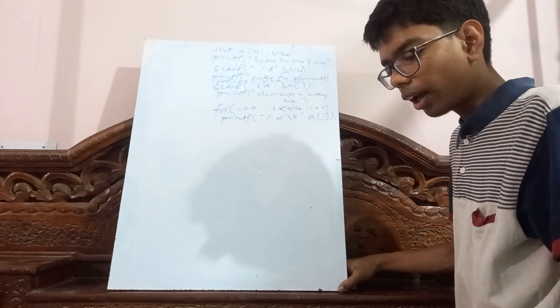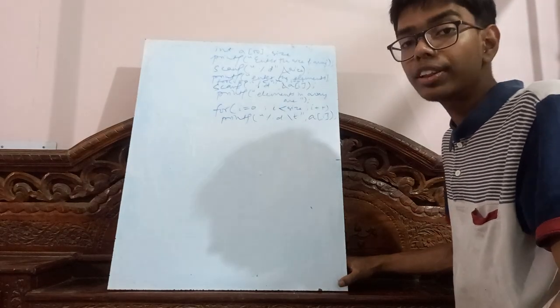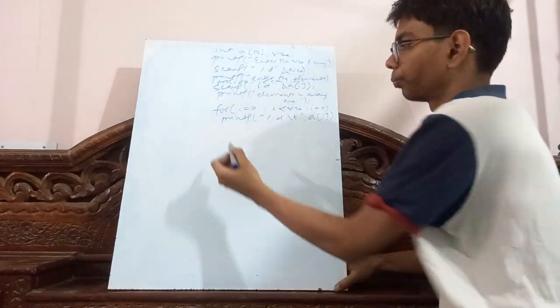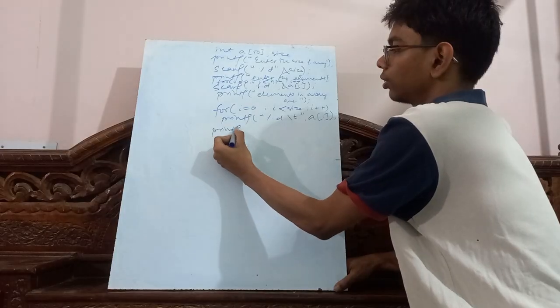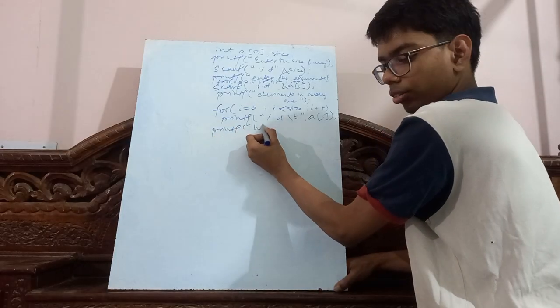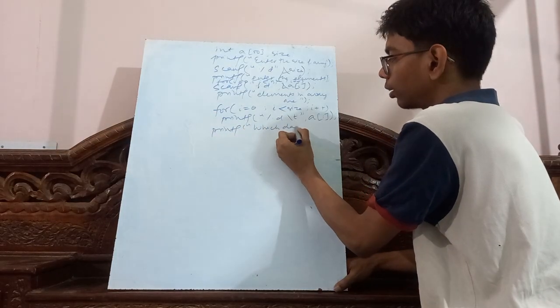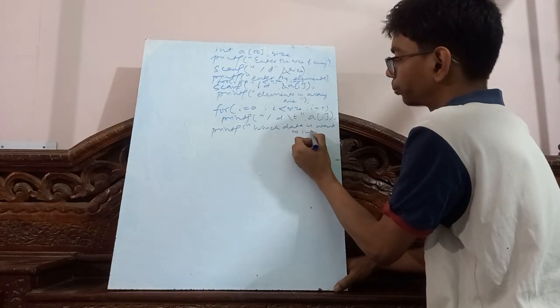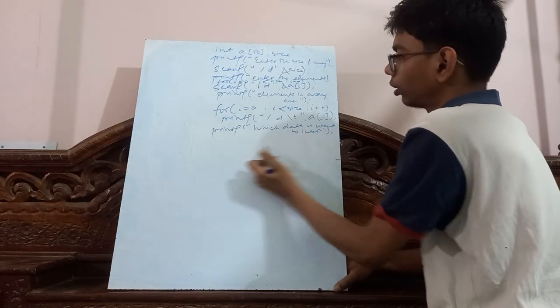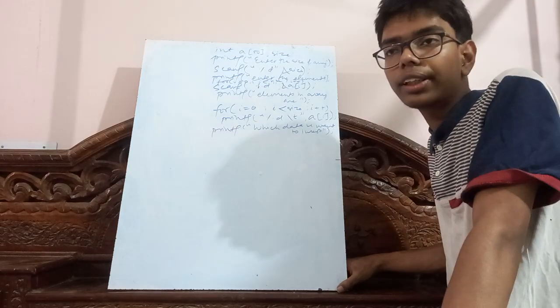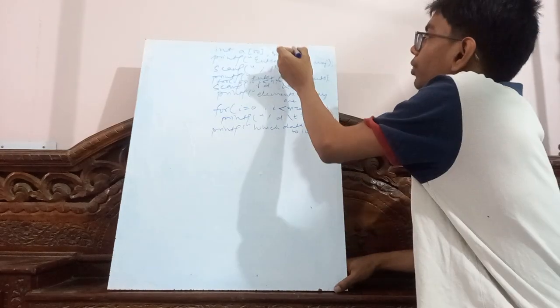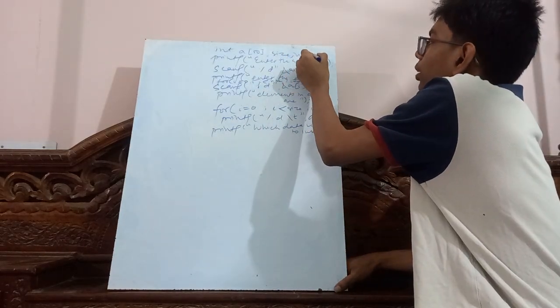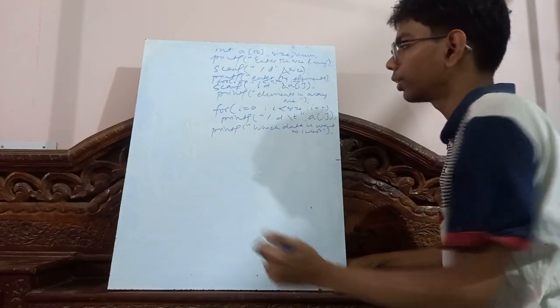And then I will ask the user which data he wants to insert. So I will ask the user which data you want to insert. Suppose the user gives the data in the form of an integer variable, so I will declare a number variable here also.